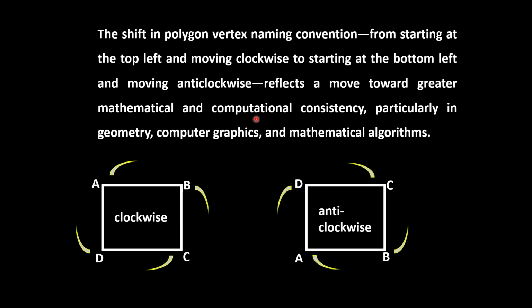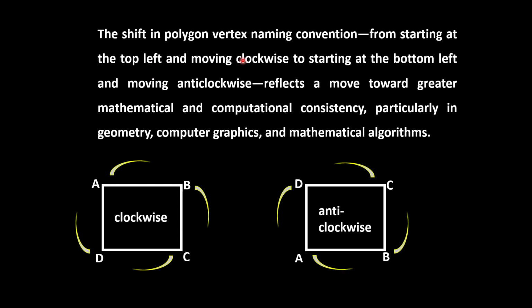consistency with mathematical and computational, particularly geometry, computer graphics, and mathematical algorithms, in order to be consistent with them, they have shifted from starting from the top left to starting at the bottom left and going anti-clockwise instead of clockwise.